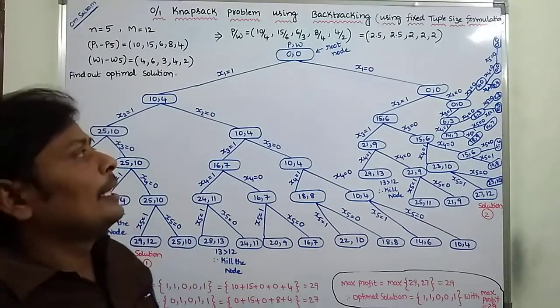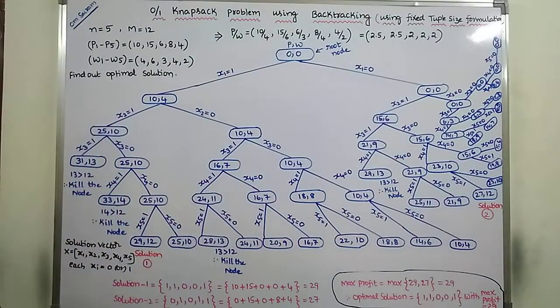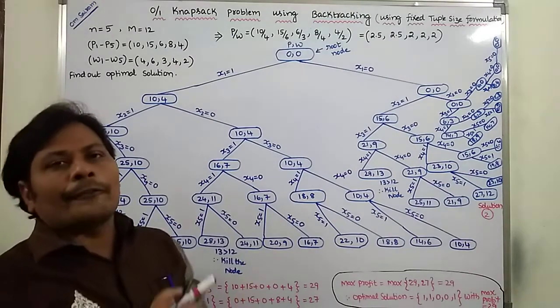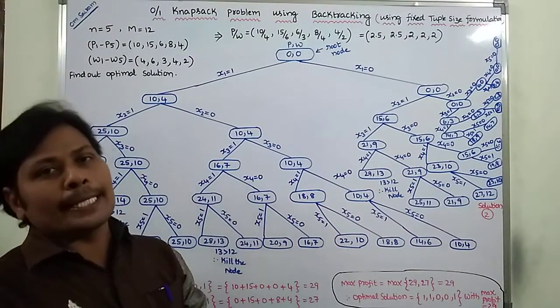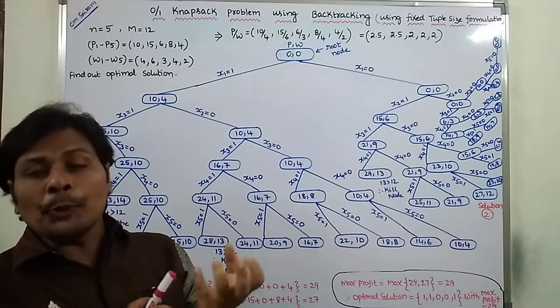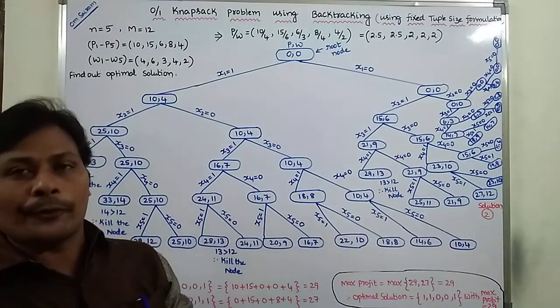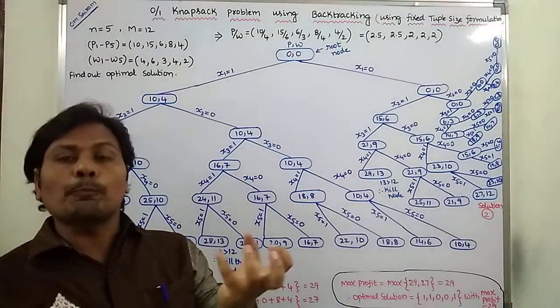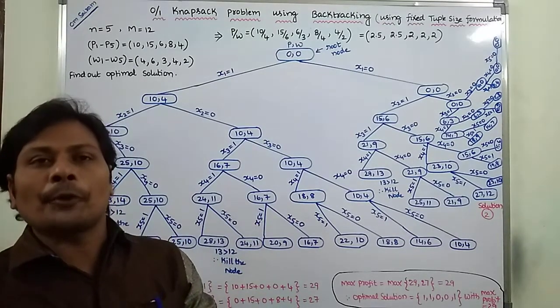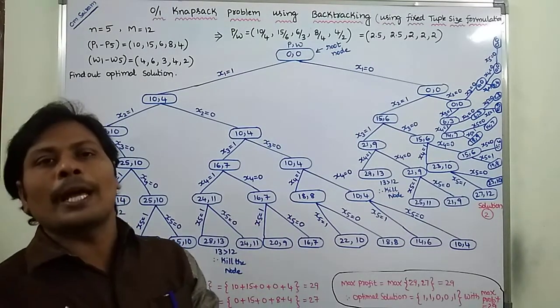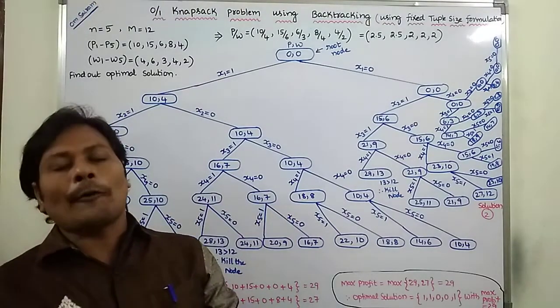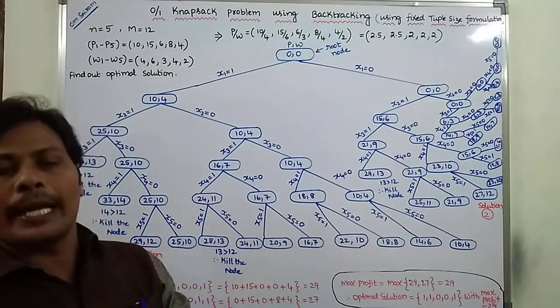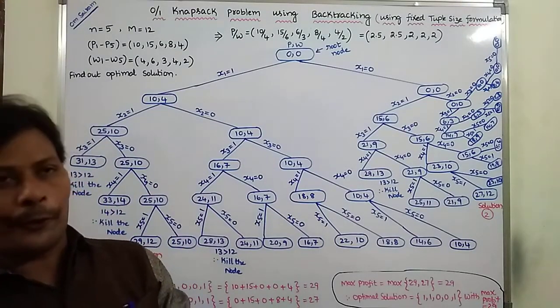The main objective of the knapsack problem is to attain the maximum profit. How do we attain the maximum profit? We place the maximum profitable objects into the knapsack with respect to the weights of the knapsack. Then we get the maximum profit.